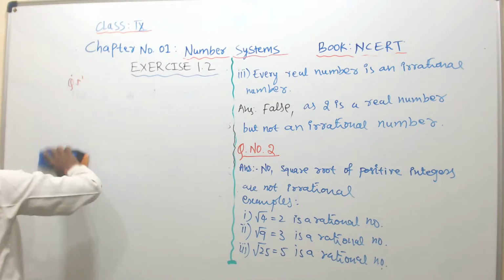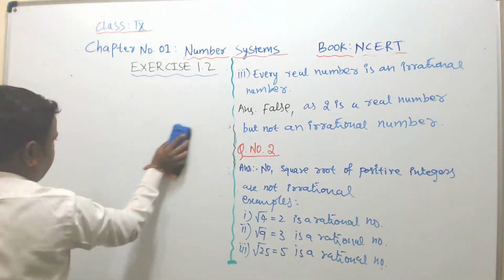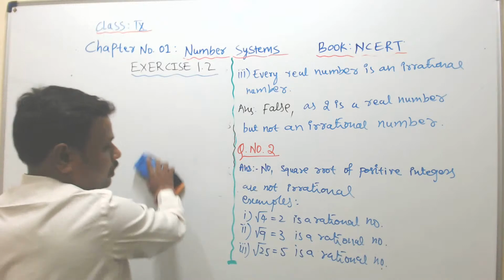The next, the last question, question number 3: represent root 5 on the number line.